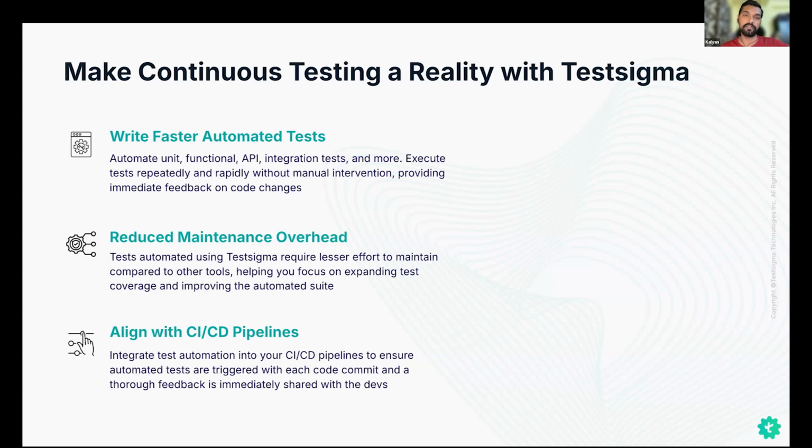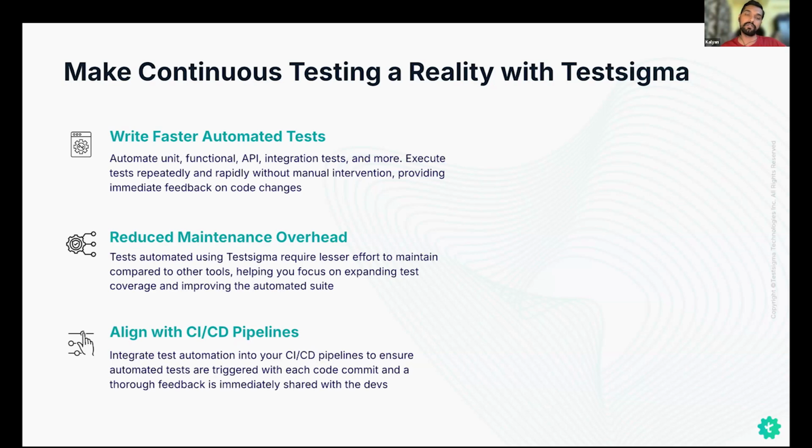The tests you create with Testsigma necessarily do not require a lot of maintenance, unless something completely changes in the application. Let's say if it's only about an element property that gets changed, then Testsigma will be able to automatically identify and self-heal those elements for you. Therefore, your entire maintenance effort comes down.